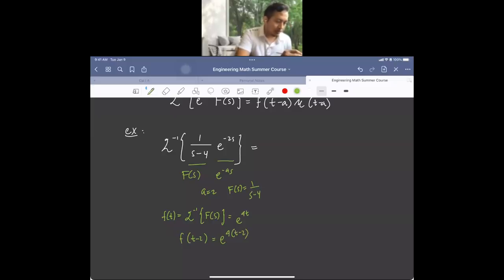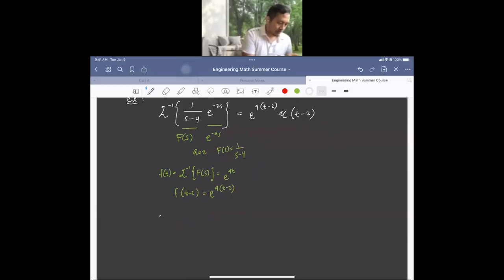That's the first part. So 1 over s minus 4 becomes e to the 4 times t minus 2, and e to the negative as gives our Heaviside, so we write Heaviside t minus 2. I hope you get the steps.